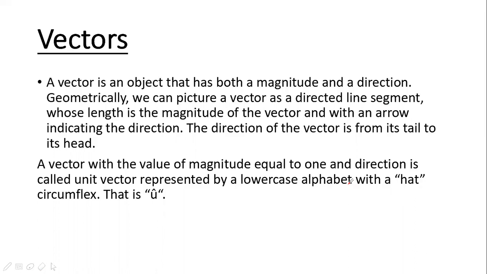Geometrically, we can picture a vector as a directed line segment whose length is the magnitude of the vector and with an arrow indicating the direction. Direction of the vector is from its tail to its head. A vector with magnitude equal to 1 is called a unit vector. It's not in your syllabus, but just learn it for the knowledge. The second paragraph is not in your syllabus.